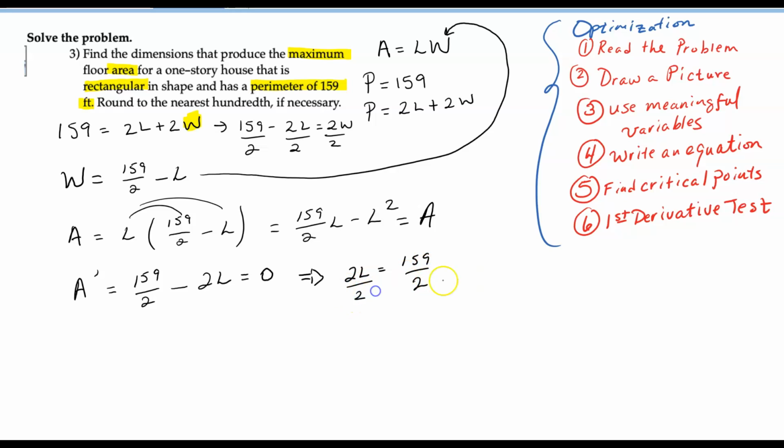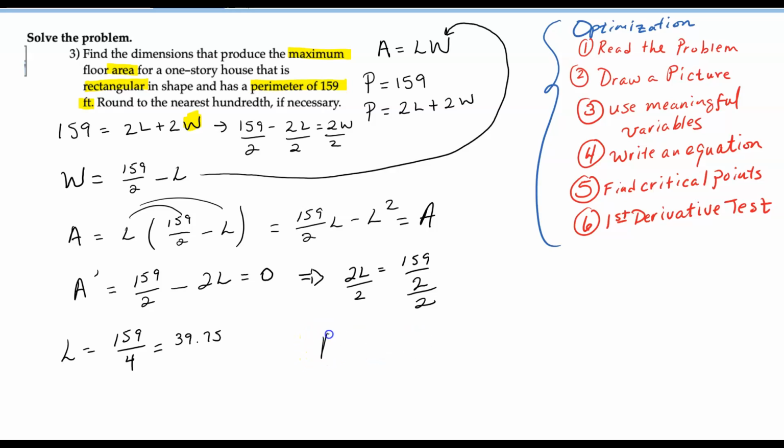So then I divide both sides by 2, which is the same as multiplying by 1/2. And I get L equals 159 over 4. All right, now that I know what L equals, I can use a calculator, or this is actually not too bad. It's 39.75, okay?